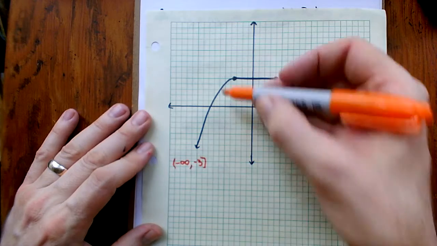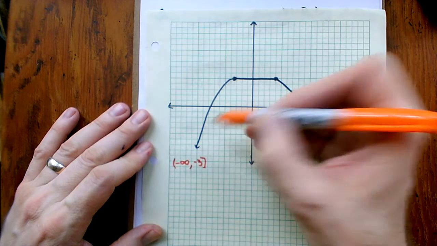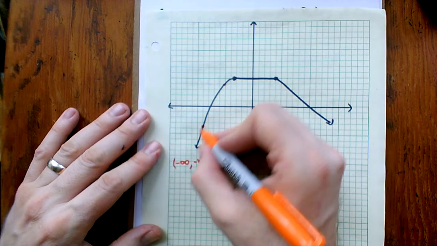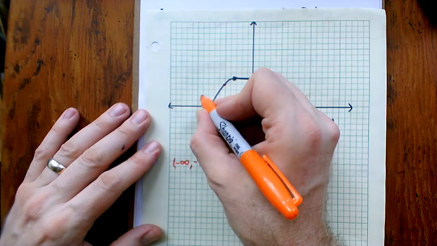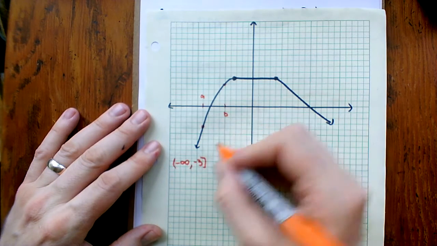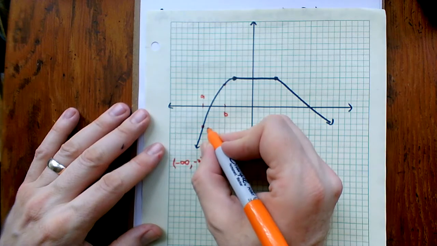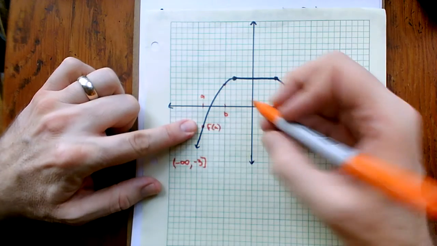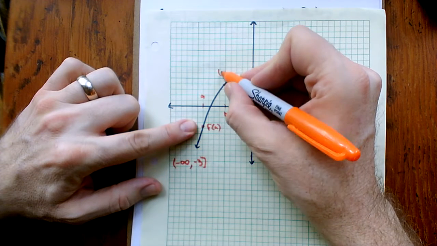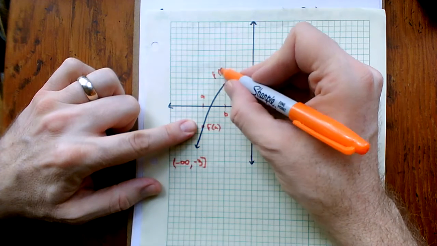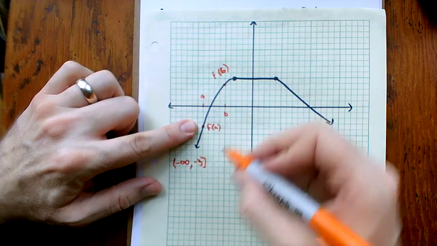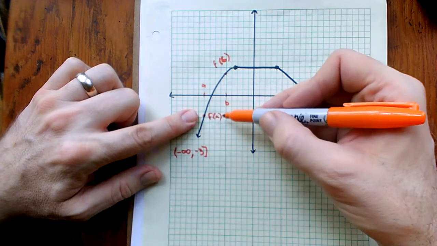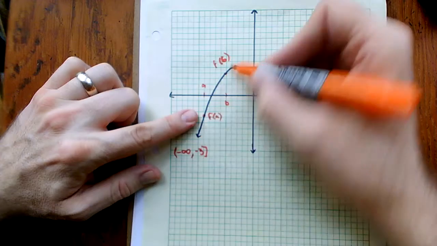So I could choose any 2 values here, and as long as I'm going from left to right, with this value of a and this value of b, my f of a is negative and my f of b is positive, so it's pretty clear that f of b is greater than my f of a.